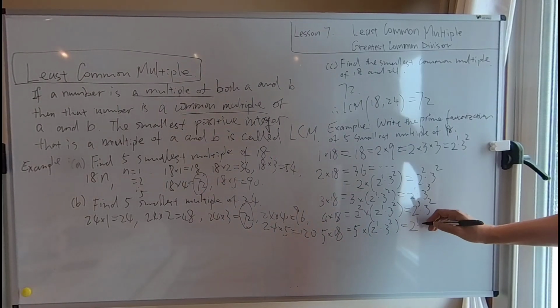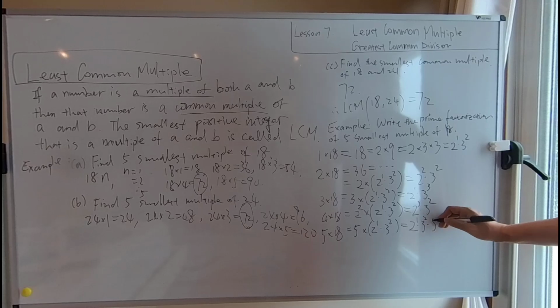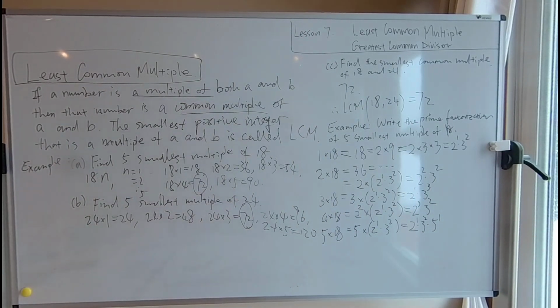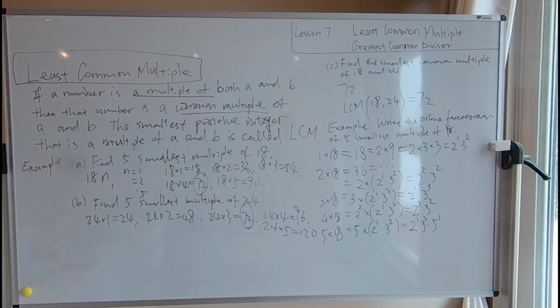It's just 2 times 3 squared times 5. Okay, so this is how we write the prime factorization of multiples of the number 18. Okay, so let's see one more example.